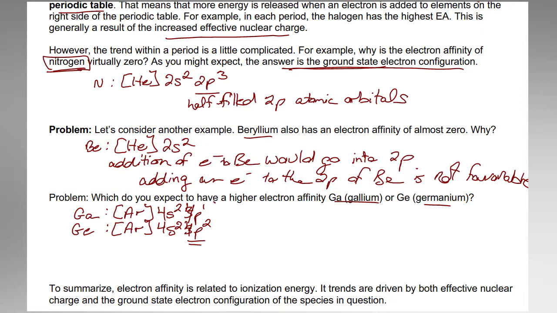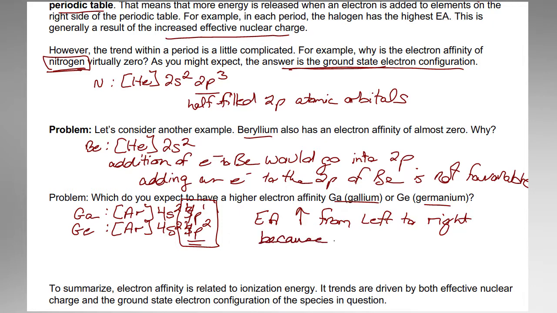So there's no real obvious reason that either of these elements should be resistant to gaining an electron. The new electron is going to go into a partially filled 4p orbital in both cases. So we would expect these 2 elements to follow the normal trend that electron affinity increases from left to right. Why does it increase? Increased effective nuclear charge.